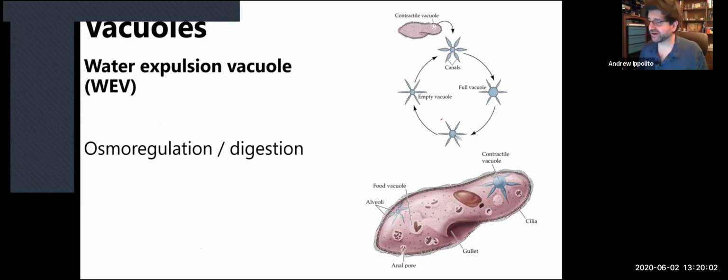You can see right here, it looks like it's farting. I mean, it squirts it out, right? And then it gets thin again. And so that's how the cell prevents itself from exploding from osmosis. All right, so that's vacuoles.